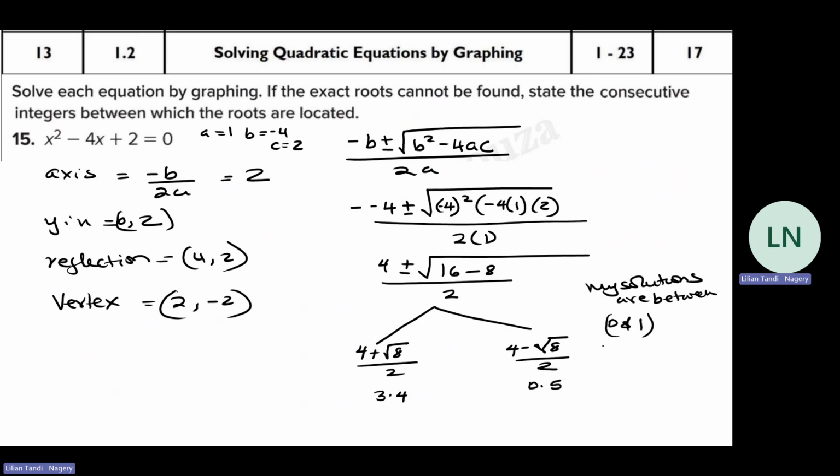Always start with the small one. On the number line, think of your number line. So you have 0, you have 1, you have 2, you have 3, and you have 4. 0.5 is here. 3.4 is here. So my solutions are between 0 and 1 and 3 and 4.